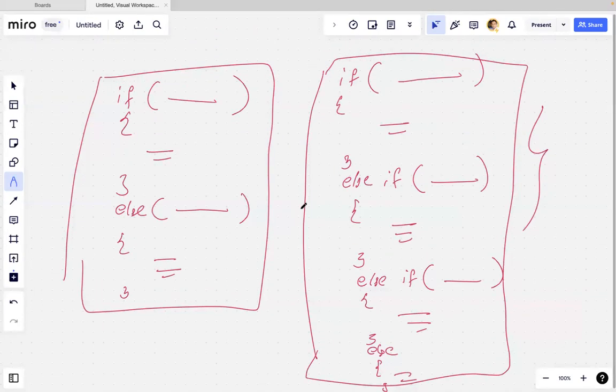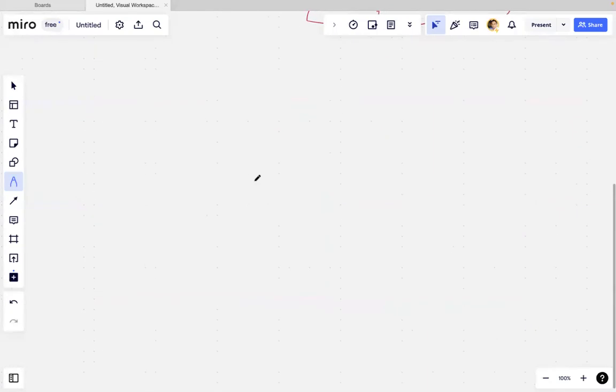The first limitation is, you know, if it is an if-else ladder, let's say you want to write something. Let's say there is a variable called x.